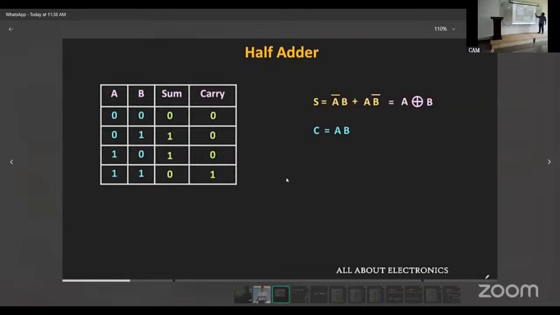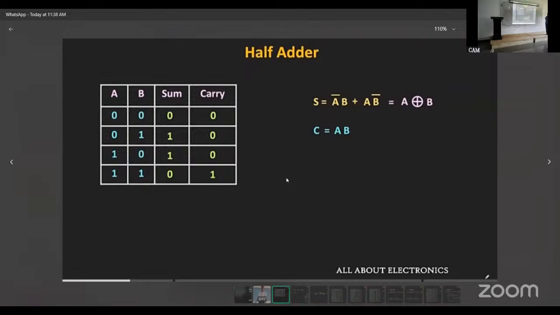0 plus 1 is how much? 1. 0 plus 0 is 0. 1 plus 0 is 1. And 1 plus 1 is 0, with carry 1.